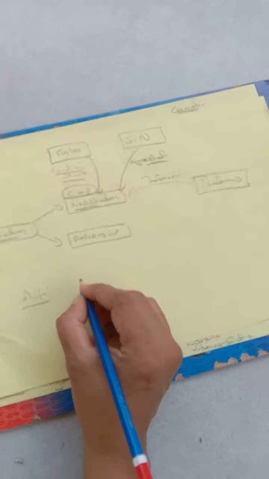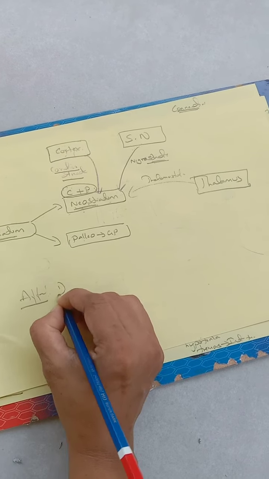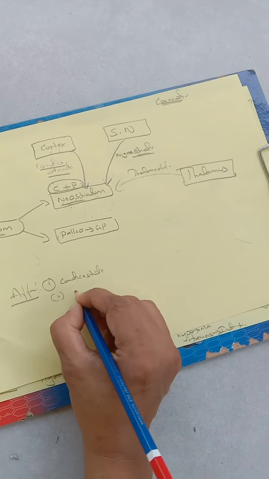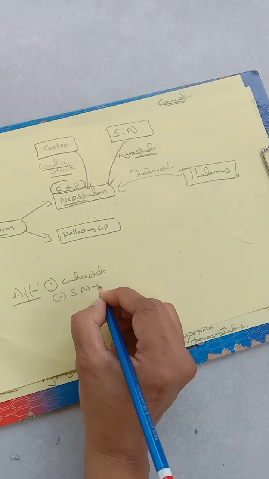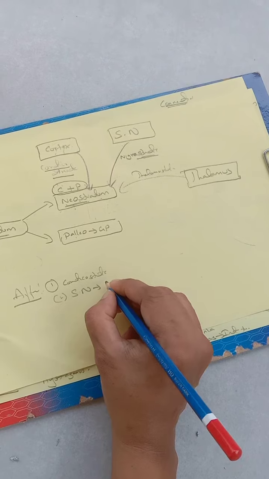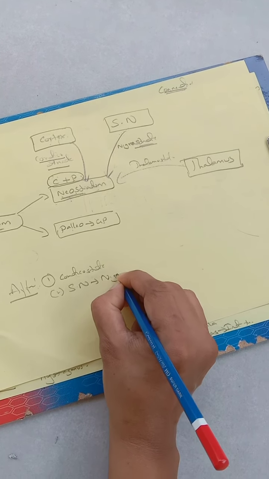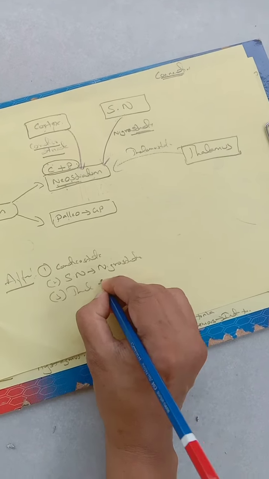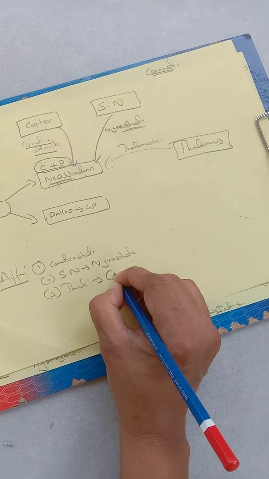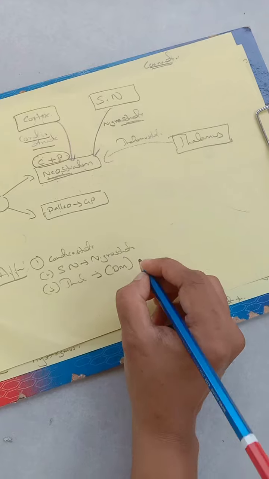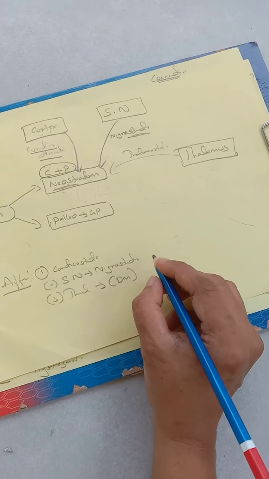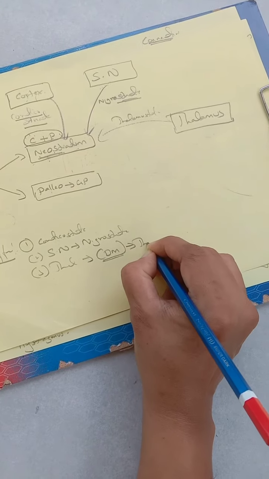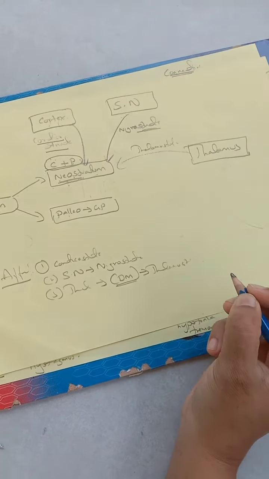Afferent, from where all does it receive? It receives from the cerebral cortex, so we call it corticostriate. From the substantia nigra, it's called nigrostriate fibers. Then it receives from thalamus, especially the dorsal medial nucleus of thalamus and the interlaminar or central nucleus of thalamus. That is called thalamostriate fibers.